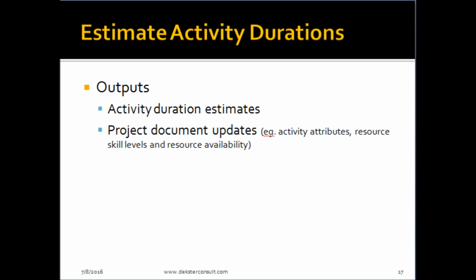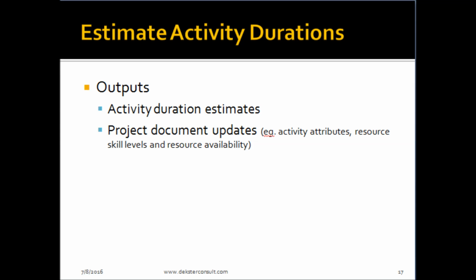What is the output of the estimate activity durations process? From its name, we will come up with activity duration estimates, the time that we have determined it will take to complete each activity that has been listed in the activity list.